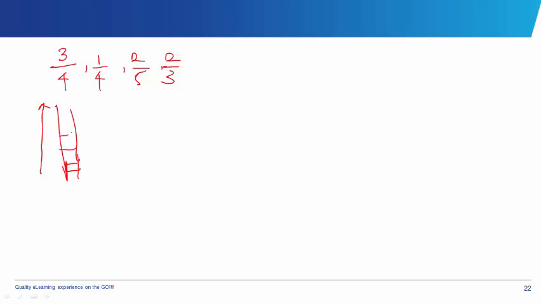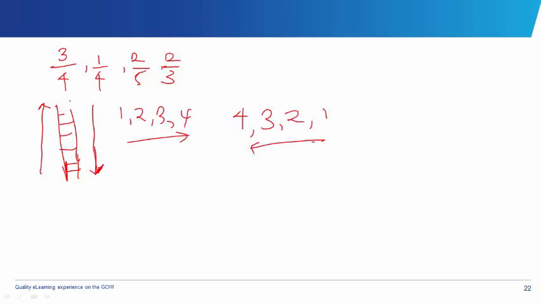Okay, so if you ascend a ladder, then descending means to come down. So ascending order means arrange numbers in such a manner: 1, 2, 3, 4 is ascending this way. Descending order means, you can see, it's getting smaller as it goes this way. Okay, so looking at these fractions, you can't easily arrange them in ascending or descending order. Therefore, the first thing we'll do is to convert.